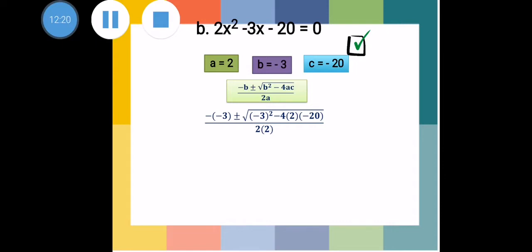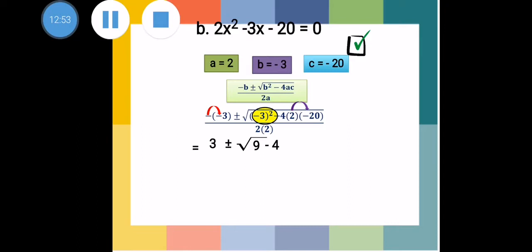So, sa baba naman, 2 times A. So, 2 times the value of A na 2. Okay. Simplify na po natin ang mga sign. Negative times negative. So, yan po ay positive 3. Plus minus. So, dito tayo sa loob ng radical or square root or this discriminant. Negative 3 times negative 3, yan po ay square root of positive 9 minus 4.